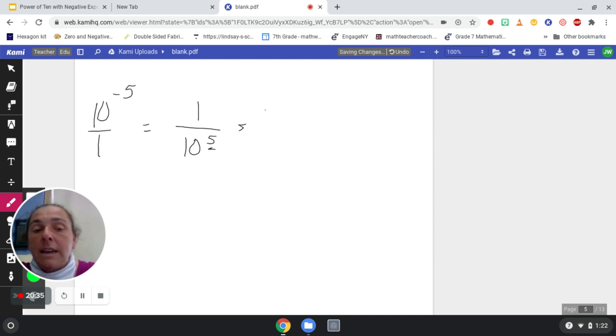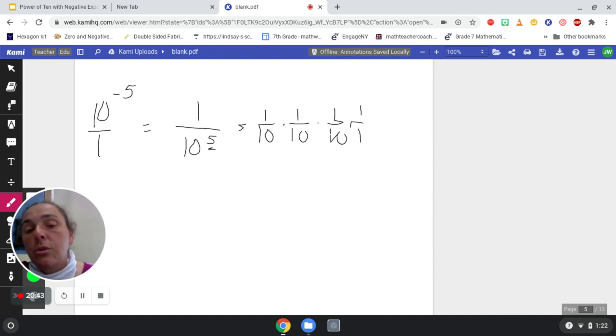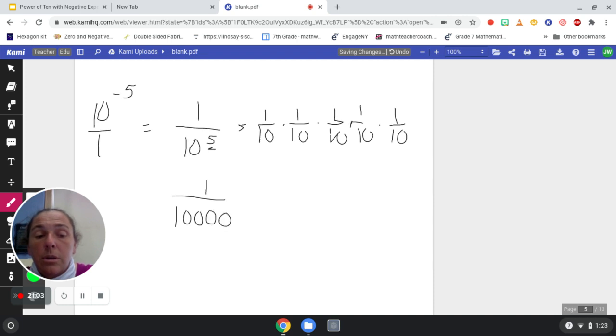So when I write it, I have 1 over 10 times 1 over 10, and I keep doing it until I have 5 of those. Okay, so I have 5 of these 1 over 10s. Now, if I multiply that, remember 10 times 10 times 10 times 10 times 10, 5 times, has 5 zeros. So there is my fraction.